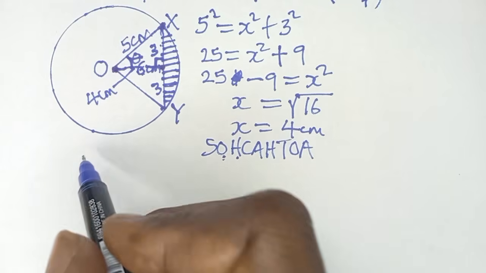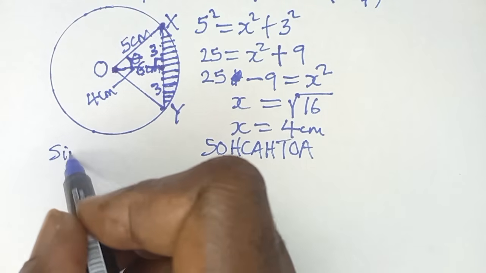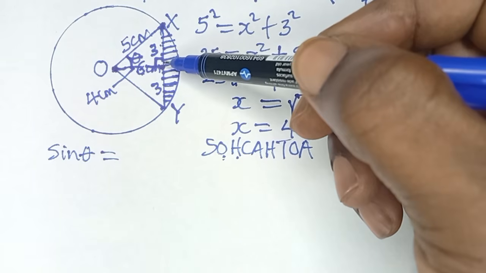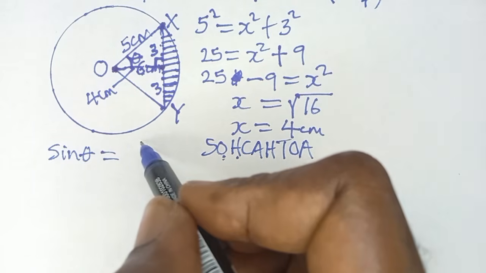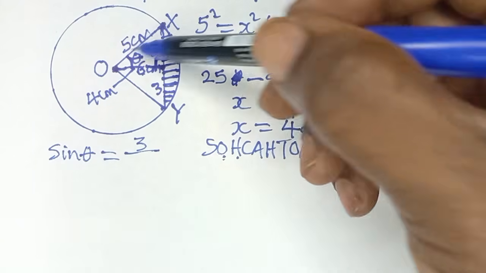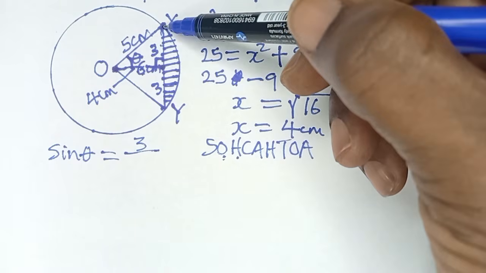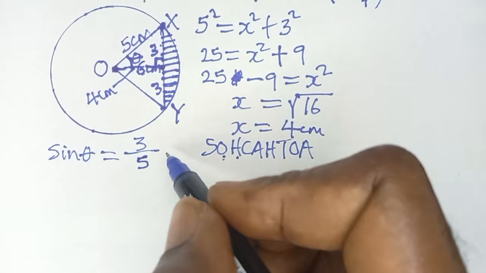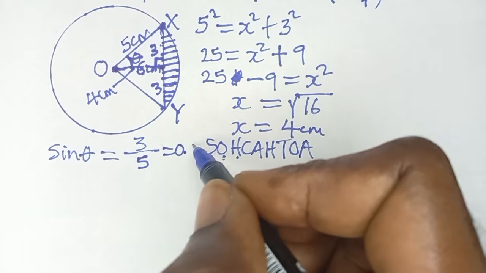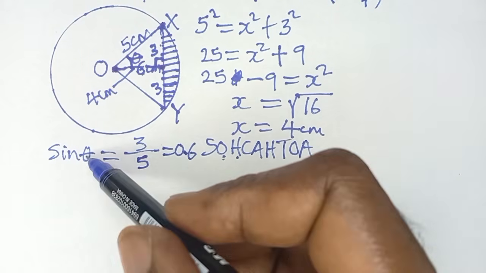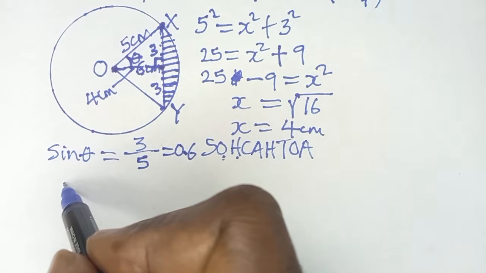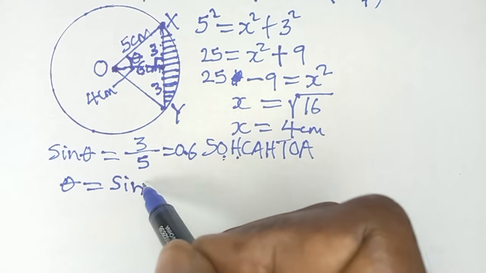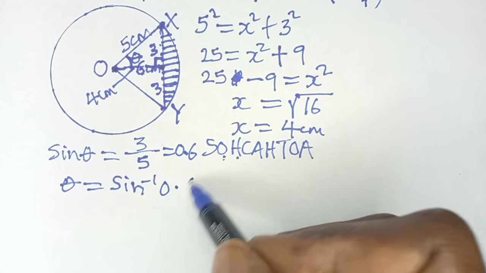So I'll say sine that angle, which is theta, is equal to the opposite side, which is 3, all divided by the hypotenuse side, which is 5. And that will be equal to 0.6. So sine theta is equal to 0.6.